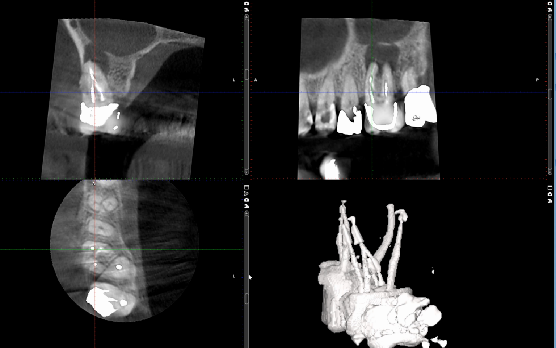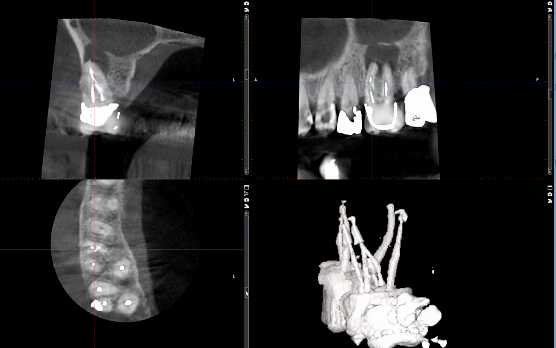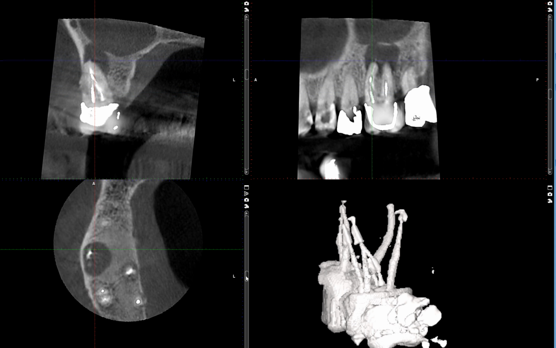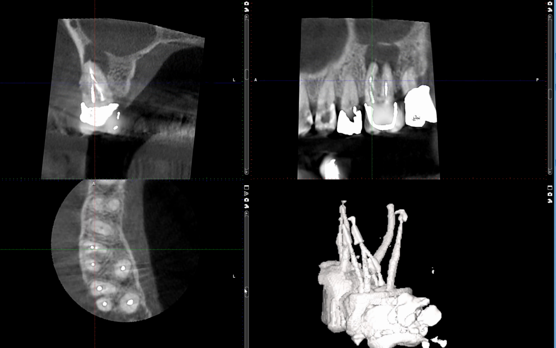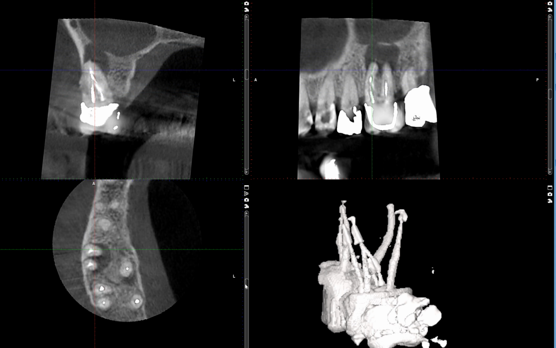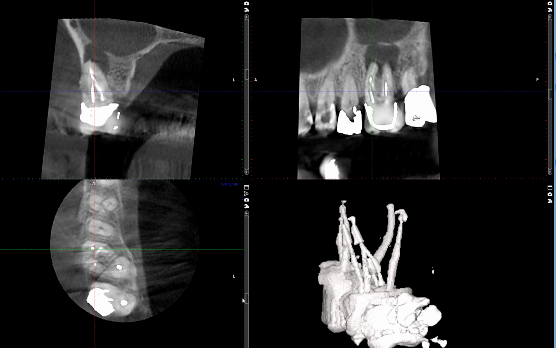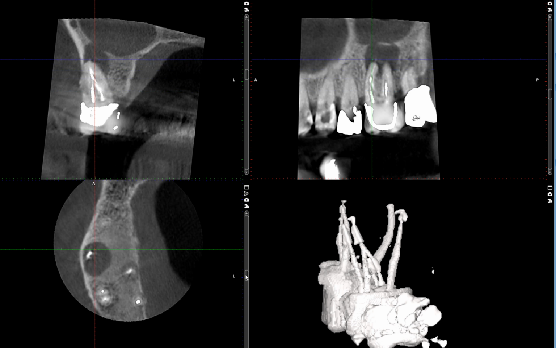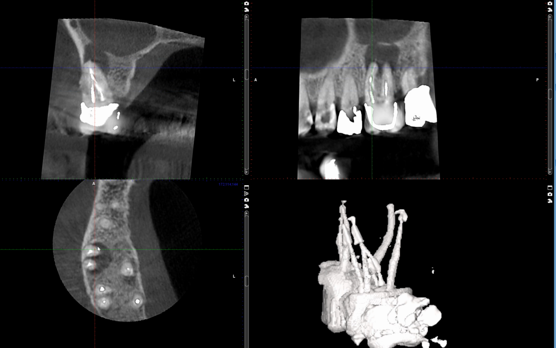So let's scroll through the axial view to visualize tooth number 3. MB, MB2, distobuccal and palatal canal. And there's that periapical radiolucency. Let's look at that in the coronal view.